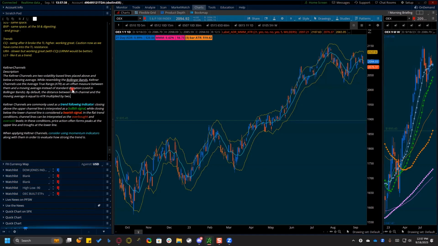In a flat trend, channel lines can be interpreted as overbought and oversold, and it's in that environment where we sell the highs and we buy the lows, right? So if you've ever tried to use any sort of channel trend indicating strategy and they tell you to sell the highs against the upper band and buy the lows along the lower band, that's the kind of strategy that you would want to use when we're in a range-bound market.